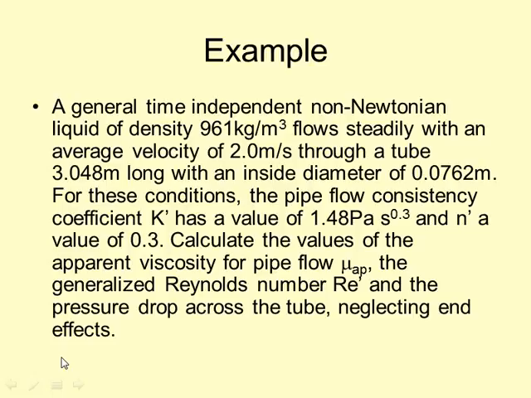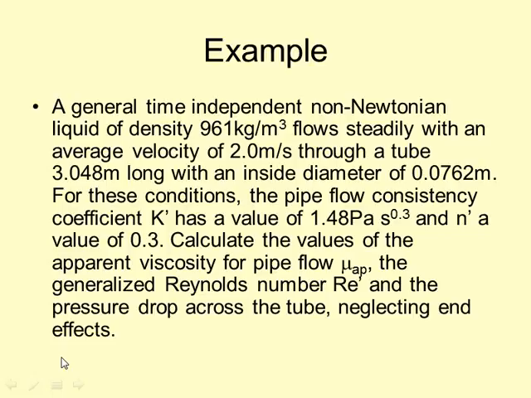If you double the flow rate, the K prime and N prime might be a different value. It's a general fluid. So here K prime and N prime are measured. For dimensional compatibility, the K prime has units of Pascal second to the power N prime. So that the shear stress equals K prime times 8U over Di to the N prime.